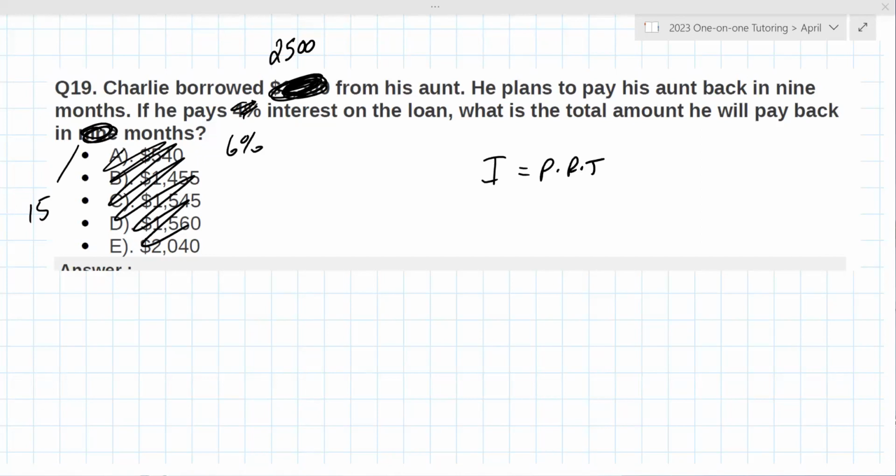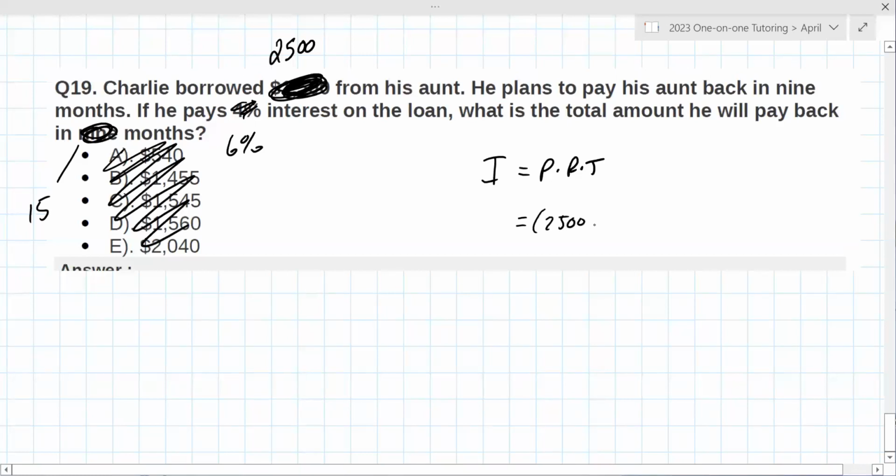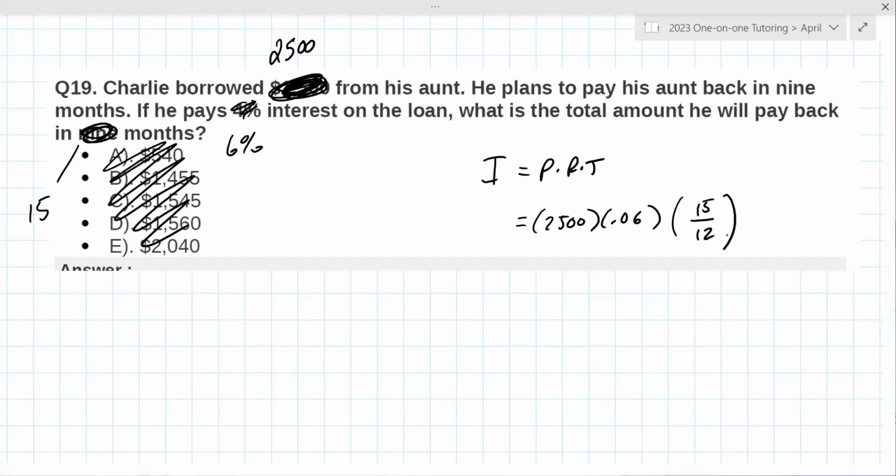It would be 1, and then let's see, 3 out of 12. So your principal P is 2,500. Your rate is 0.06. What's the time in this case? Because it's 15, so it would be 1 and something, right? You can go 15 divided by 12, or the number of months divided by 12. I thought since it would turn into a whole fraction where it would spill over, it would be like 1 and 3 out of 12.